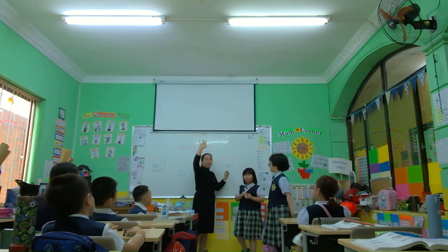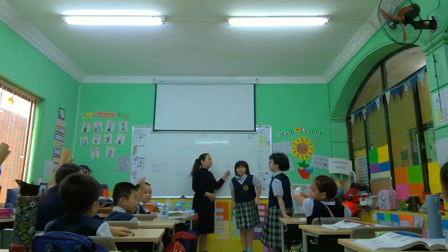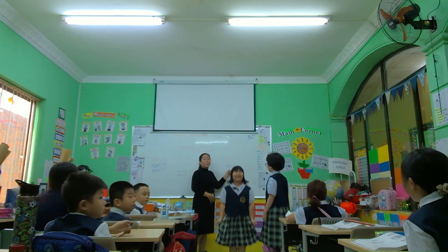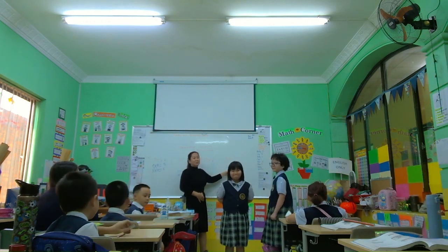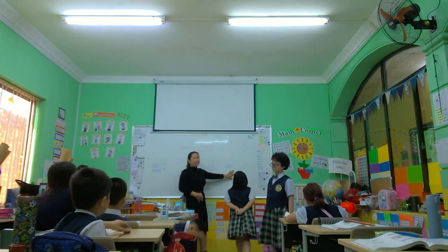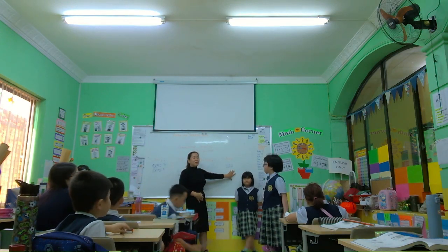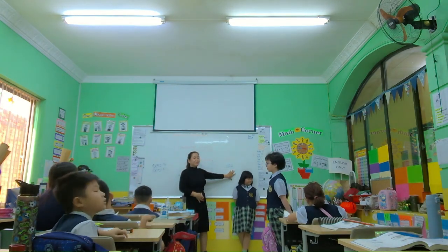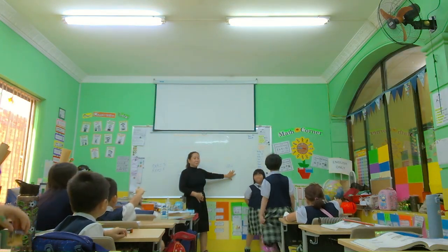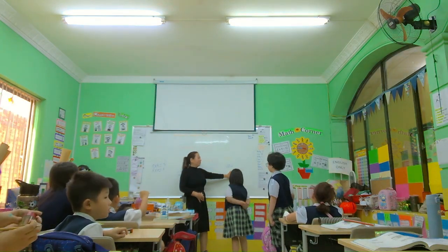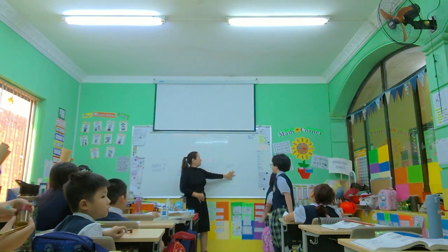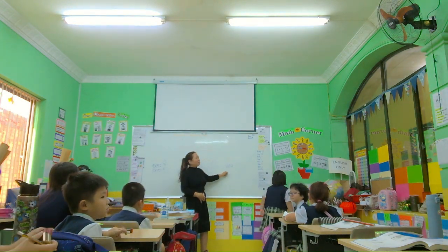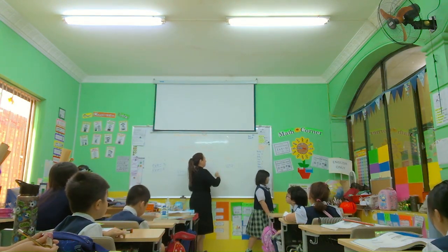I want another hand. Ivy. Is this one correct? Yes or no? Yes. Why is it correct? Because of the number. So she said that the number is switched. That's why in here this one is also a correct answer.